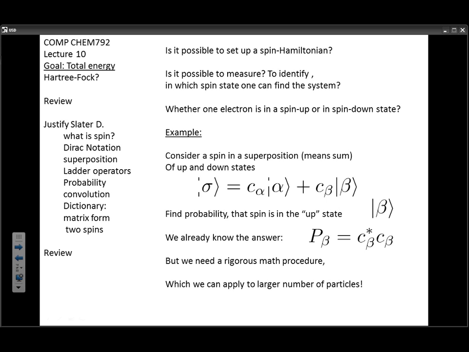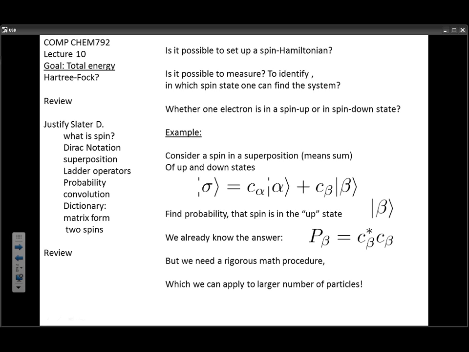But as a result of the measurement, we can get only one number. So how can we find the probability that this electron is in the alpha state? How to extract the probability that it is in spin up or down out of a superpositional state?